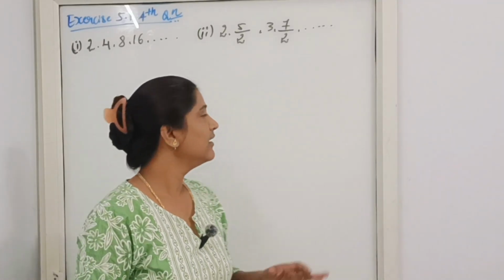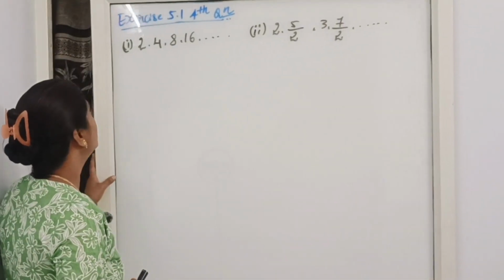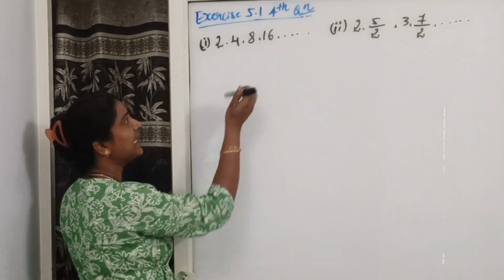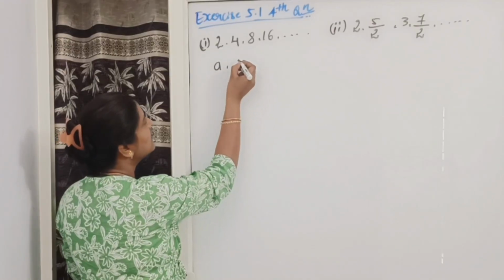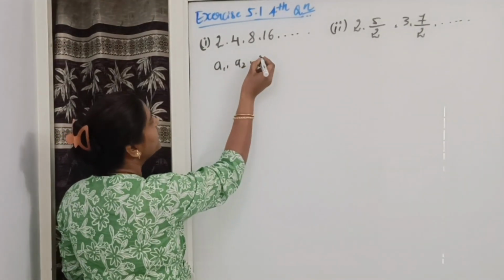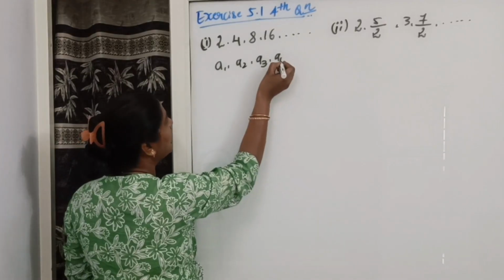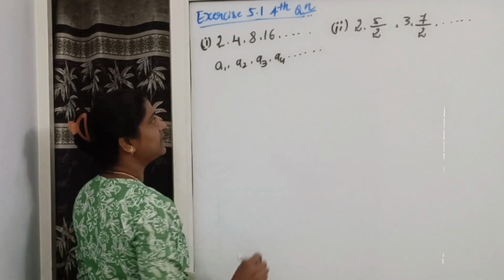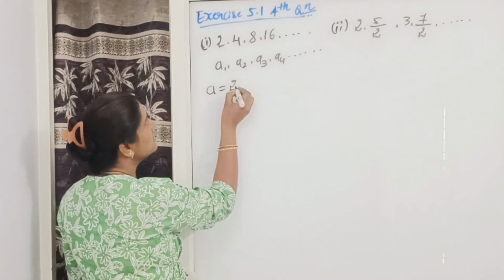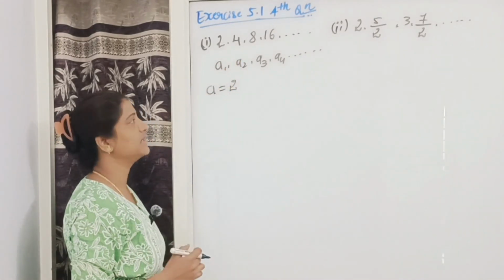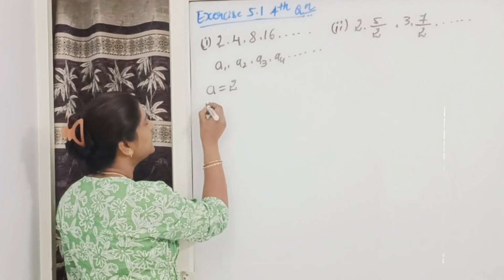The first one is 2, 4, 8, 16. With this we can consider a1, a2, a3, a4. The a is always the first number or the first term, that is 2. And how to find d?